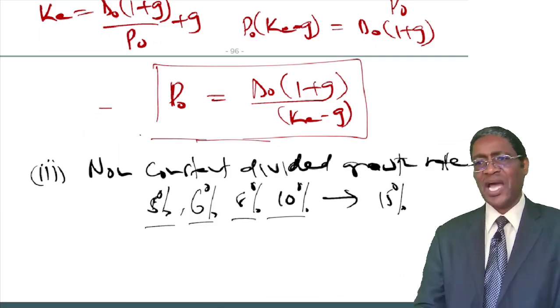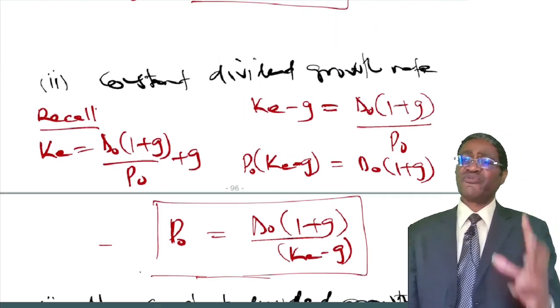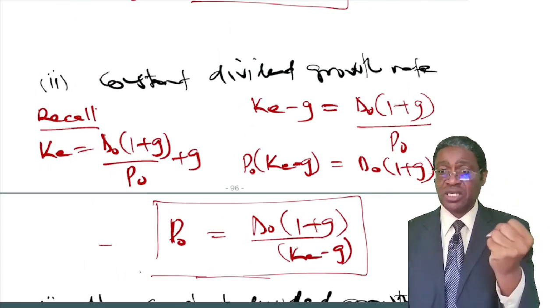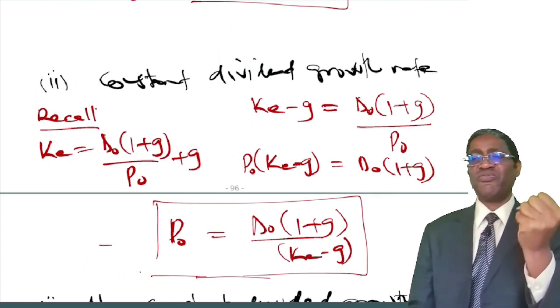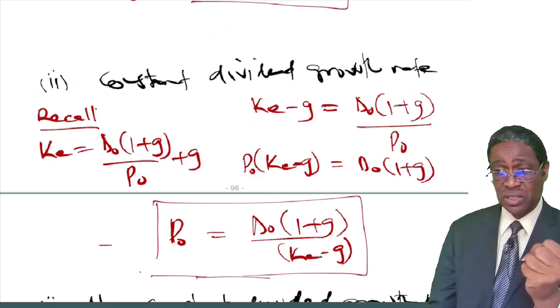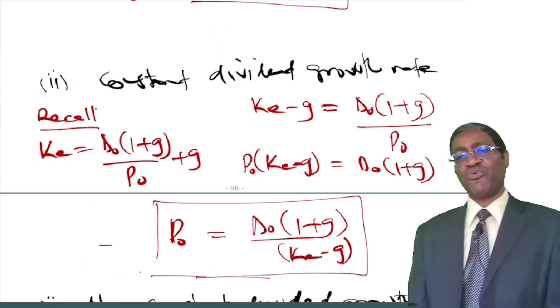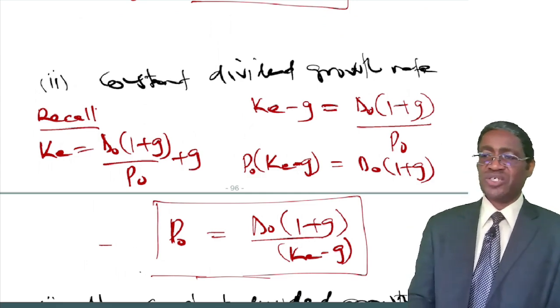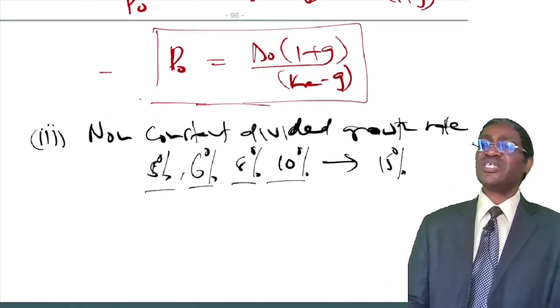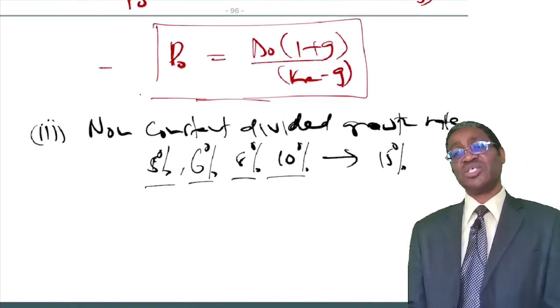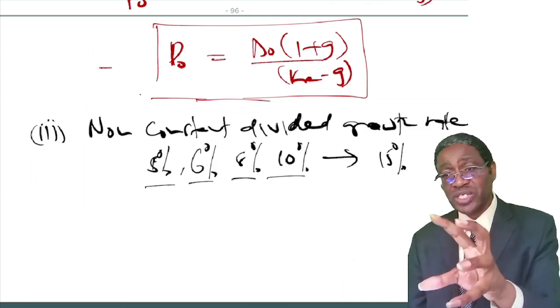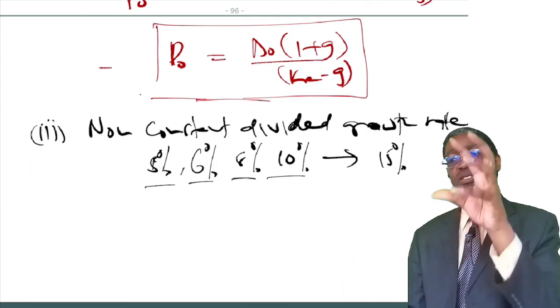I've just helped you to derive it from the recalling of the cost of capital formula, which we did in the topic of cost of capital. Otherwise, you just need to know the formula for getting the value of ordinary shares where there is a constant dividend growth.